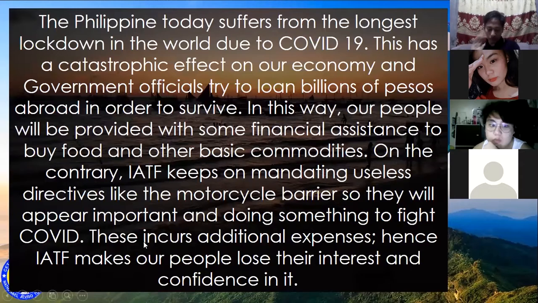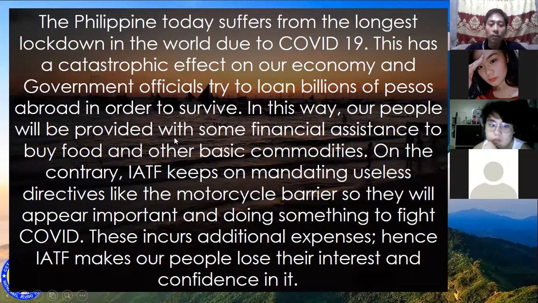Okay, so we don't have time for this because we still have comprehension questions to tackle. So let me just read to you this passage. The Philippines today suffers from the longest lockdown in the world due to COVID-19. This has a catastrophic effect on our economy and government officials are trying to loan billions of pesos abroad in order to survive.